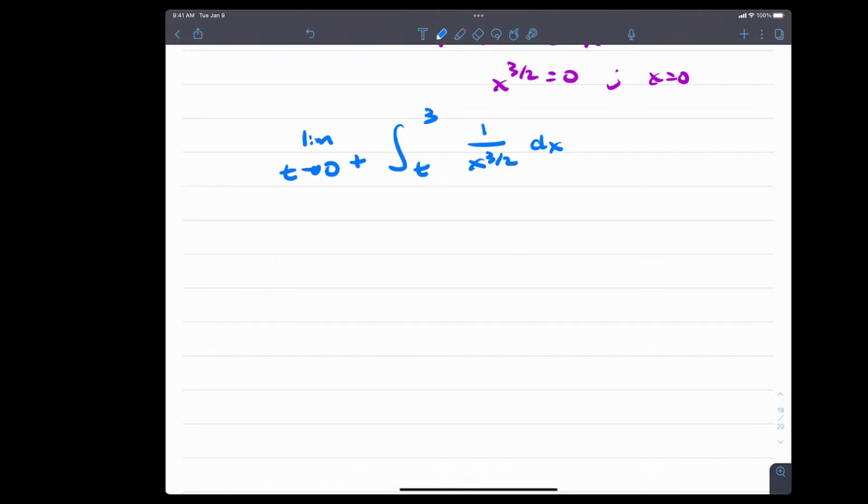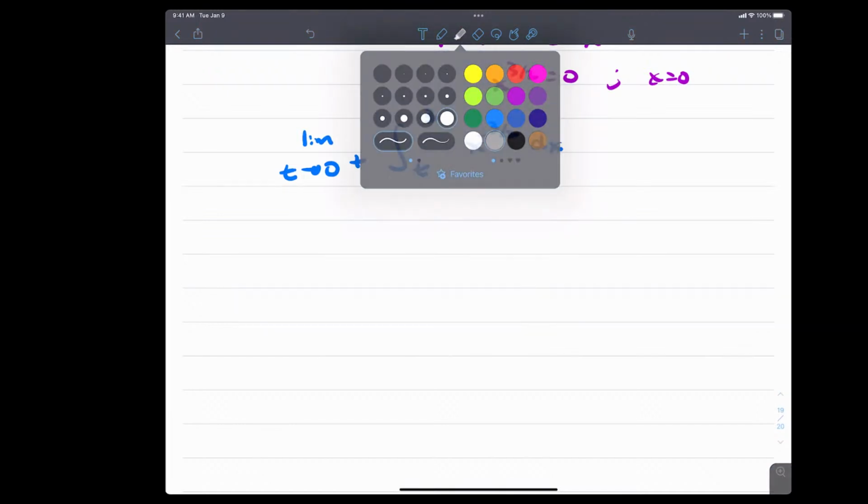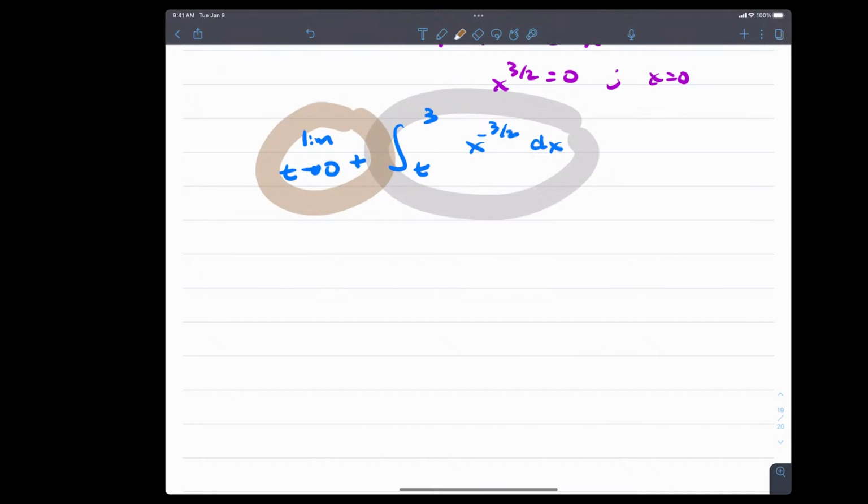All right, so you might say, can I replace this with x to the minus 3/2? Right, we can. So I'm going to integrate here and here. All right, you guys okay with that one?